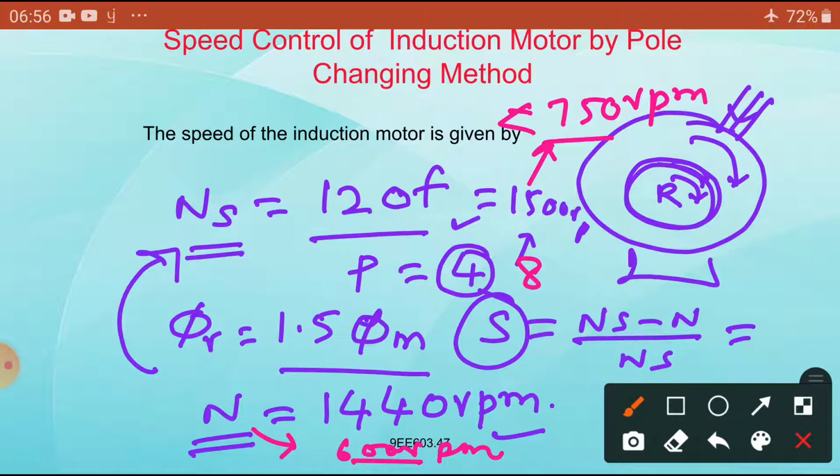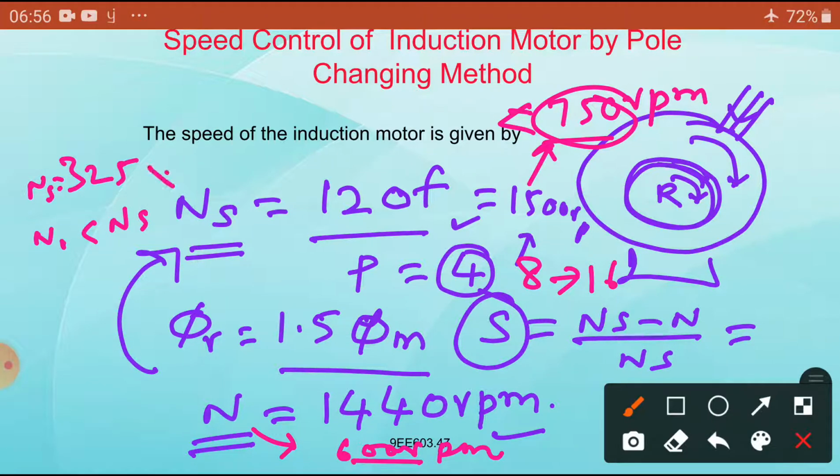If the number of poles is increased further, say 16, then the speed reduces further to 750 by 2, that is 375. If the synchronous speed is 375 rpm, then Nr is always less than Ns, so the speed may be nearly 300 rpm only.